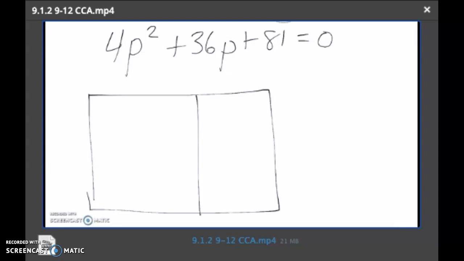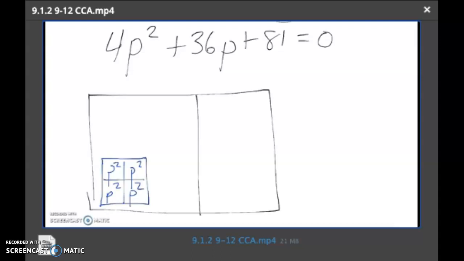All right, so on the left here, I have 4p squared tiles, so I need to get those in the corner here. There's 4 of them. Okay, and then I have 36 p's, okay?